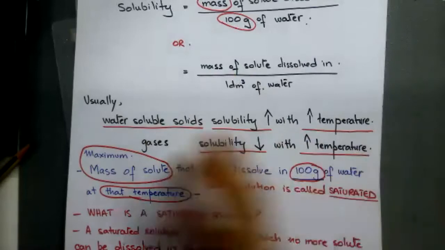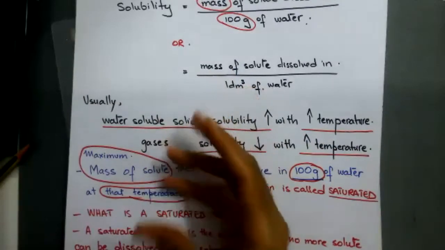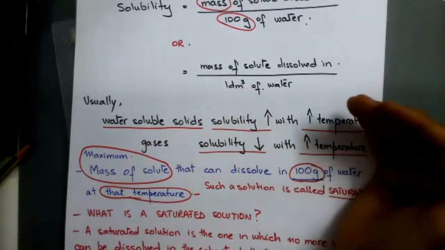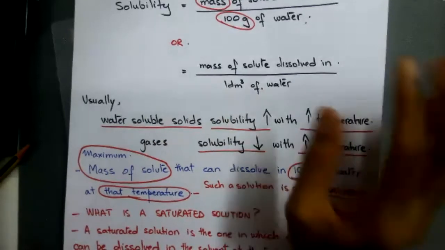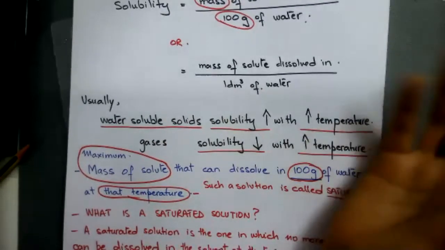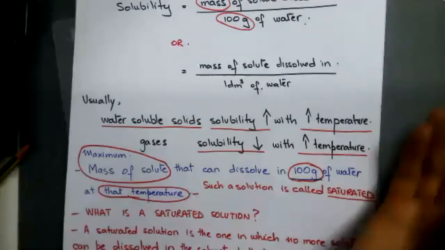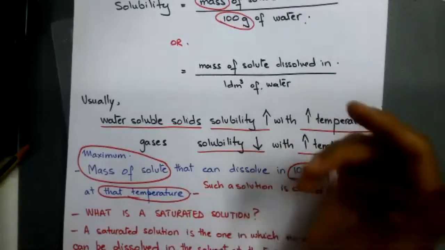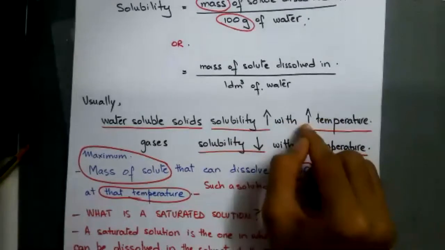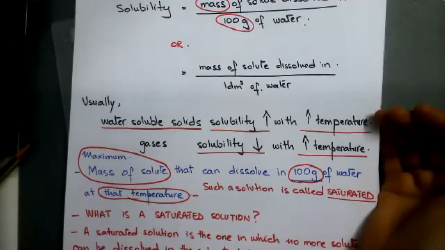And so as the water molecules move away from each other, there's more intermolecular space within which these salts can adjust. So there's more room for these solid molecules to adjust, and therefore more solubility. Solubility increases with increase in temperature because there is more room in between the molecules, right?